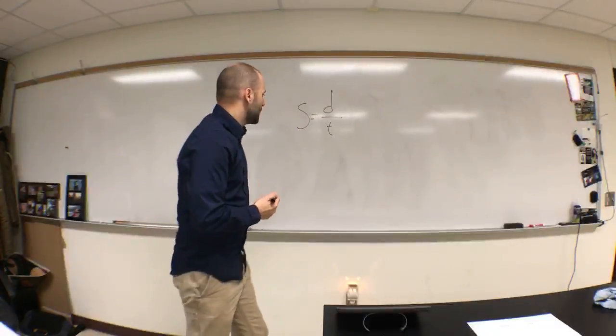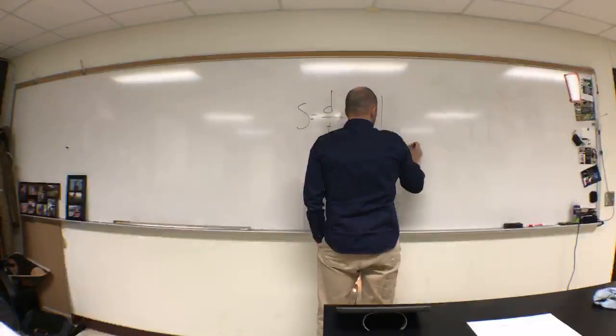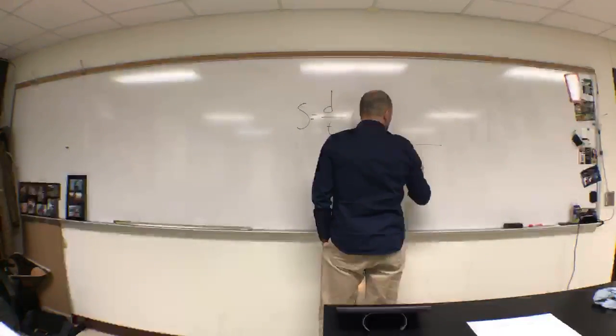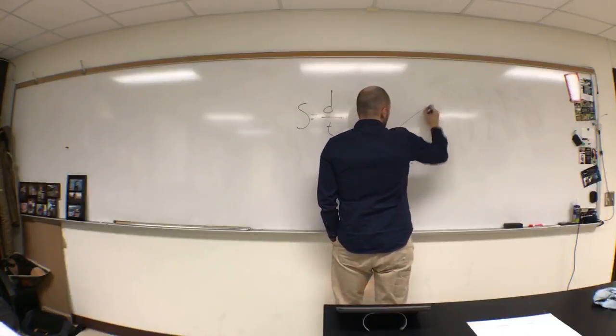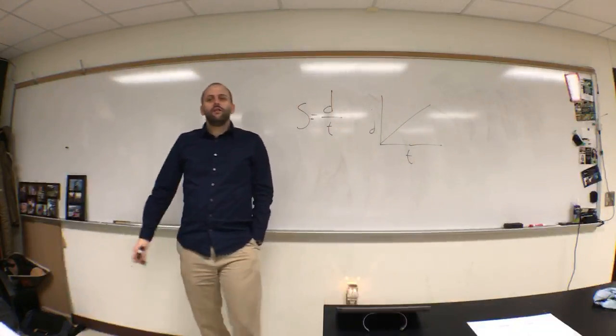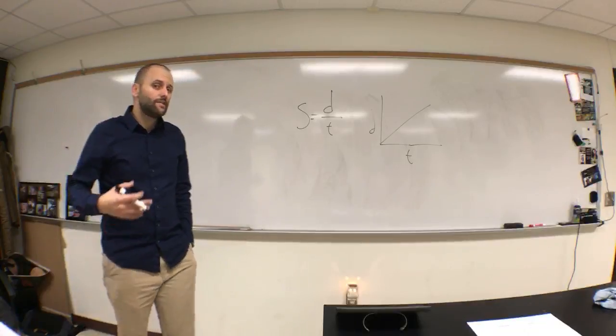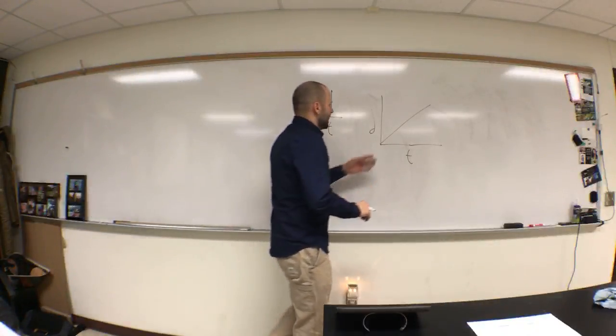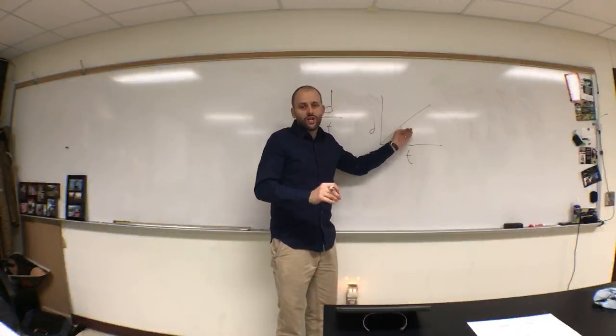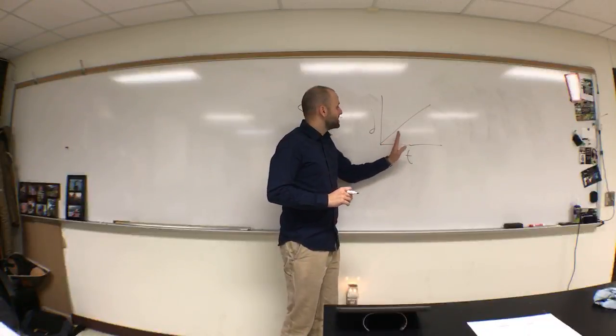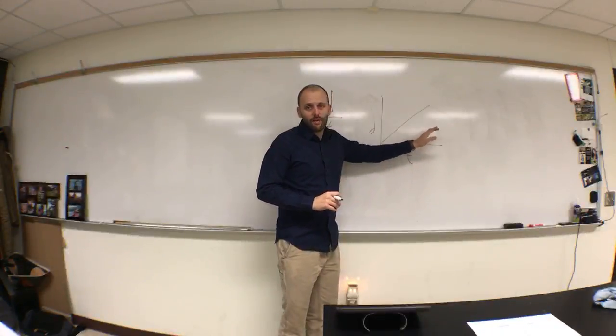If we're looking at a graph, then that's number 6. If we're looking at a graph, number 7, of distance per time, and you have something like this. This is an example of constant speed. When you look at this guy, what we're saying is we're not changing our speed. We're covering the same amount of distance each time interval.